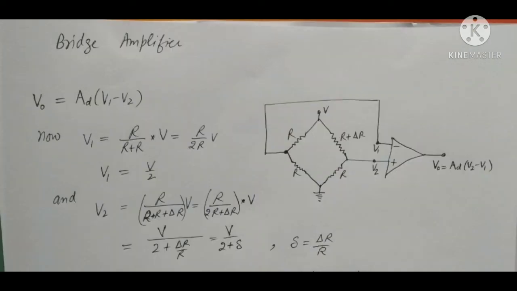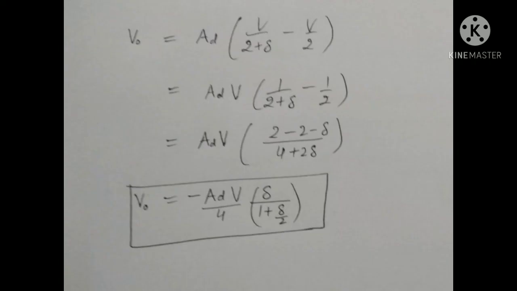Simplifying, V1 can be written as V by 2 and V2 can be written as V divided by 2 plus delta, where delta is given by delta R by R. So let us put these values into the equation V0 equal to AD into V2 minus V1. V2 is replaced by V by 2 plus delta and V1 by V by 2.